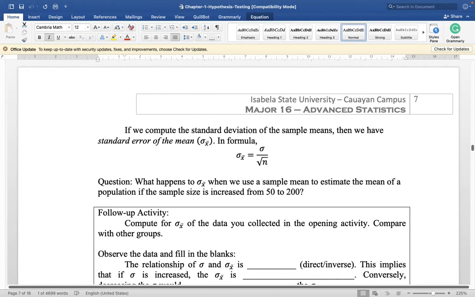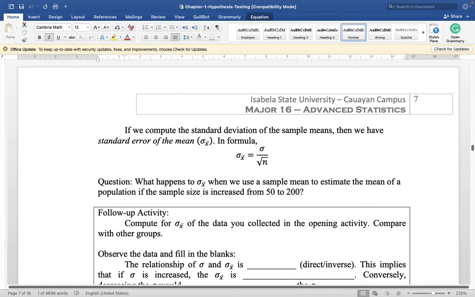In formula, the standard error of the mean is equal to sigma all over the square root of n, wherein sigma is equal to the standard deviation and n here is equal to the sample size.